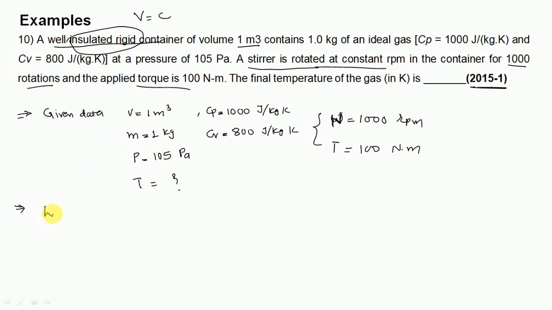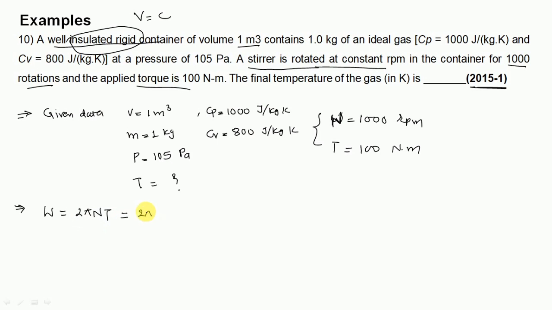The stirrer work we can find: W is equal to 2 pi N T. This equation we already used. If you want to convert joule into joule per second, then divide by 60. So the total work I need to find is 2 pi N T.